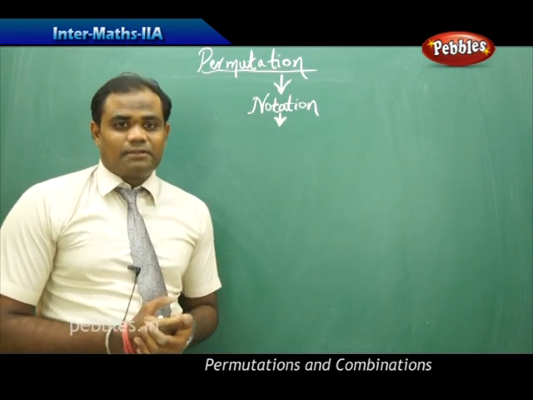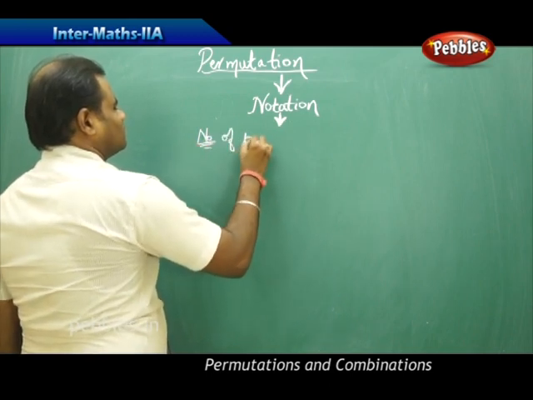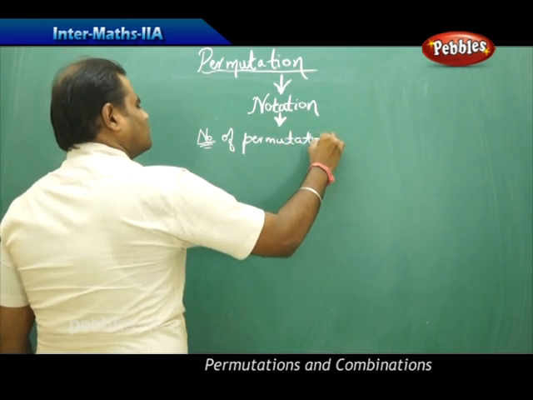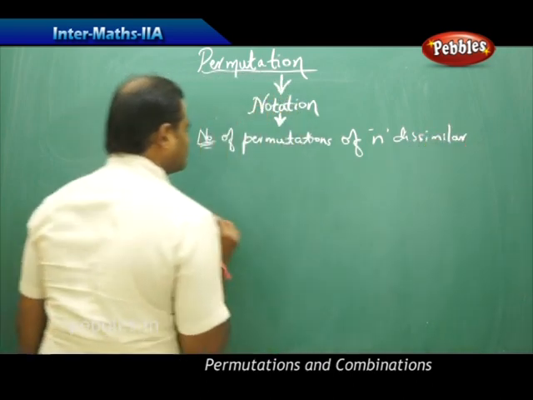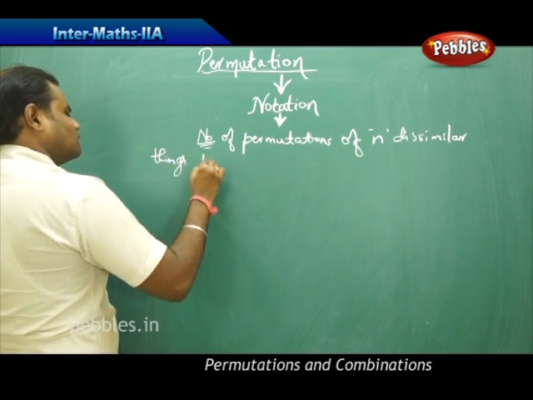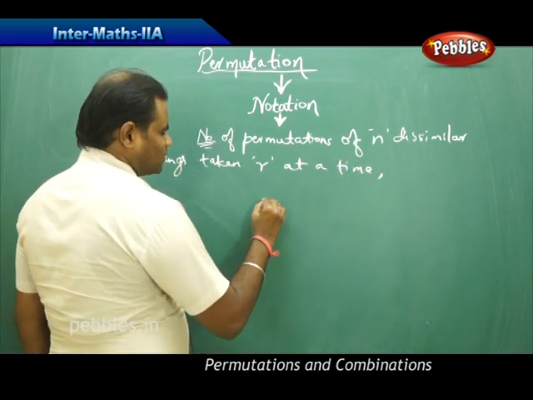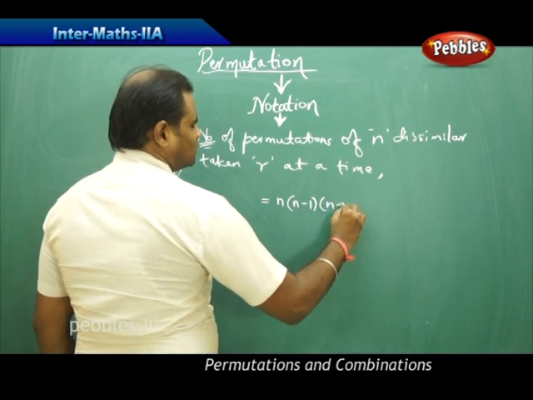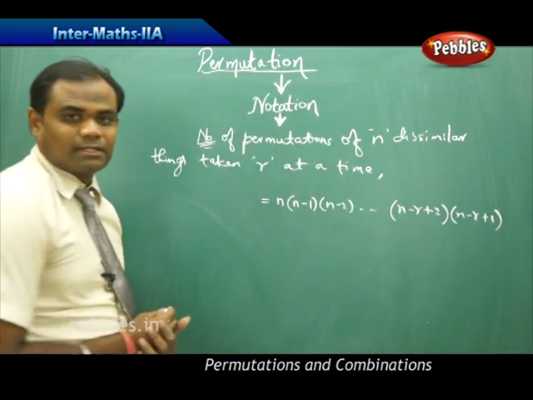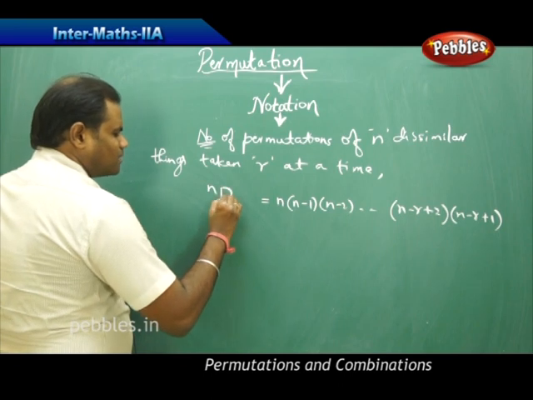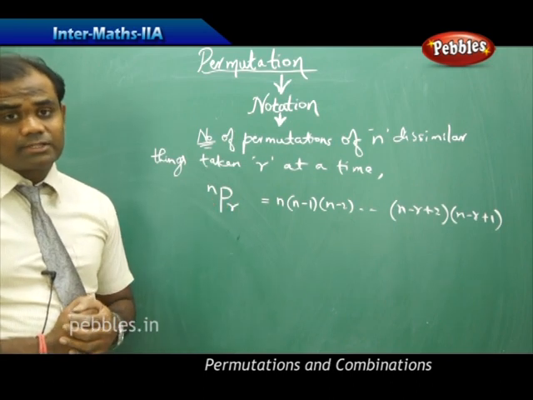Now the formula which we have derived for the number of permutations of n dissimilar things taken r at a time is n times n minus 1, n minus 2, up to n minus r plus 2 and n minus r plus 1, denoted by nPr, where r represents the number of objects selected and n represents the total number of objects taken into consideration.